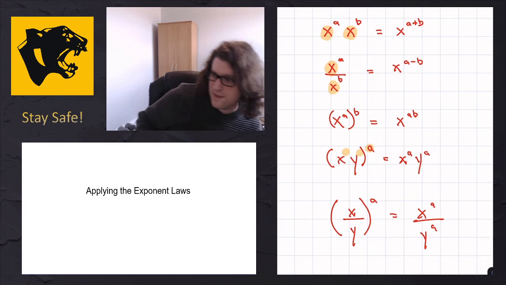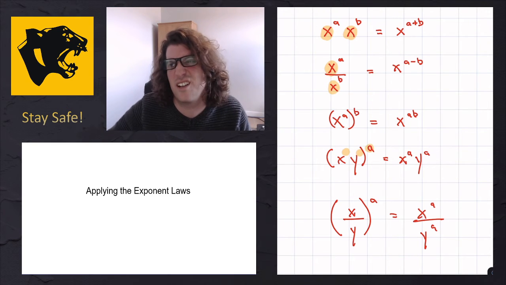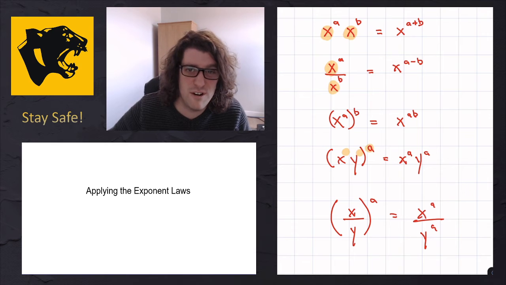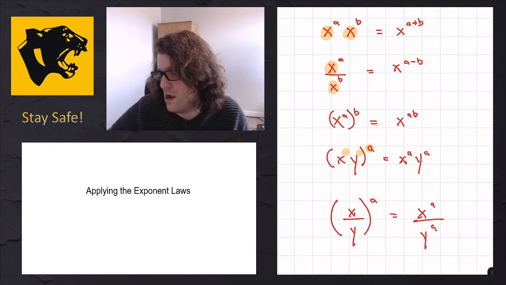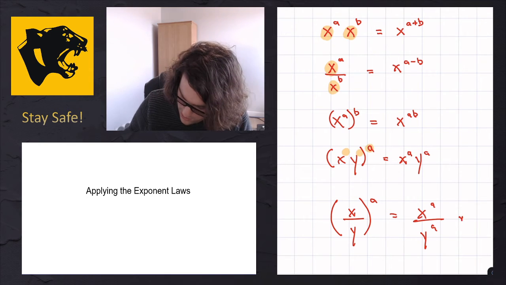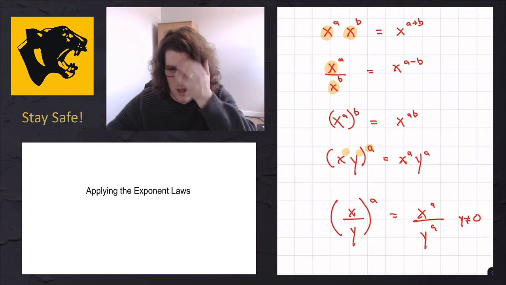The only thing in the last one is it doesn't technically work if the denominator is a 0, because dividing by 0 isn't going to give you any value. But other than that, we're good. So I could put in here y does not equal to 0. All right.